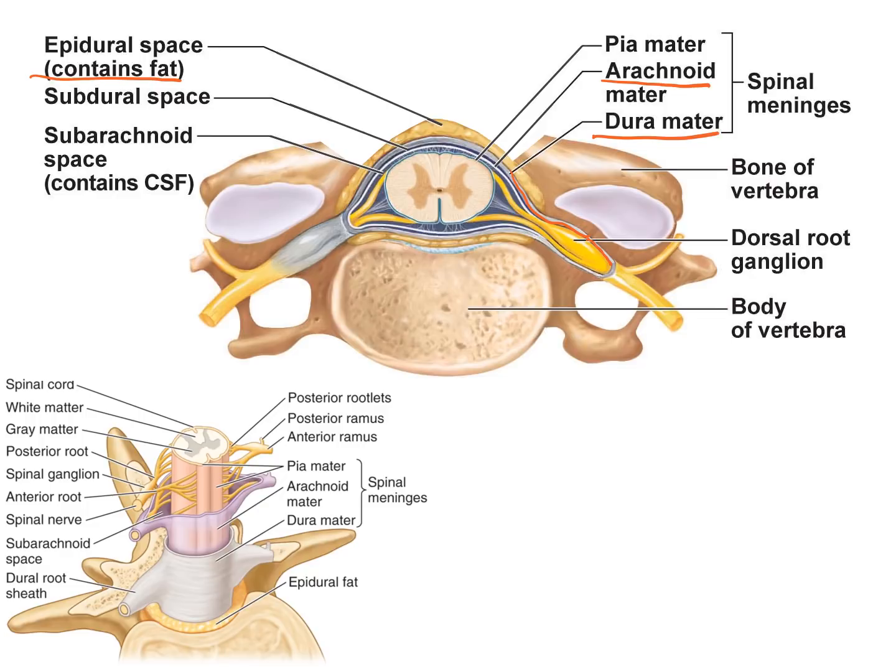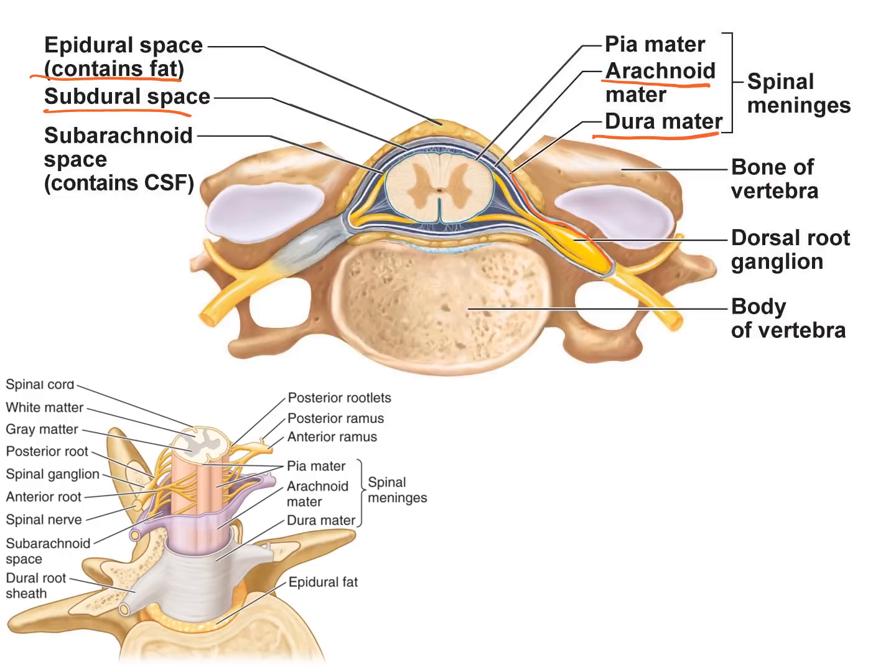This means there really is no subdural space between the dura mater and arachnoid mater. Instead, this is, in reality, a potential space. In the instance of a subdural hematoma, where blood collects within the subdural space, the layers of dura are pushed away from the arachnoid mater.